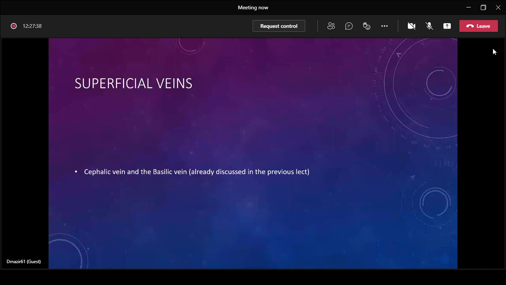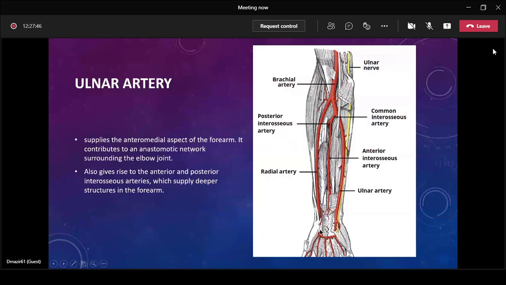Okay, these superficial and deep palmar arches then give the common digital arteries, and then they reach the web spaces. Here they divide into the proper digital arteries which reach the pulp of the fingers.